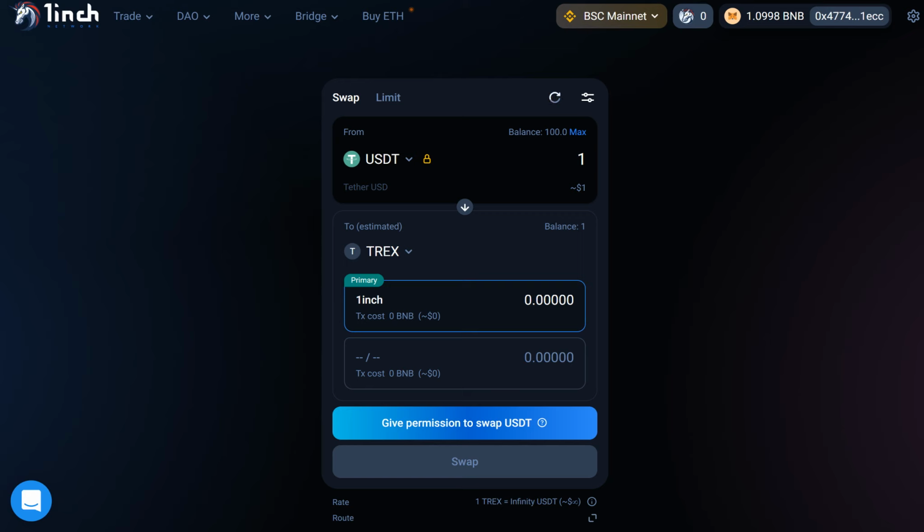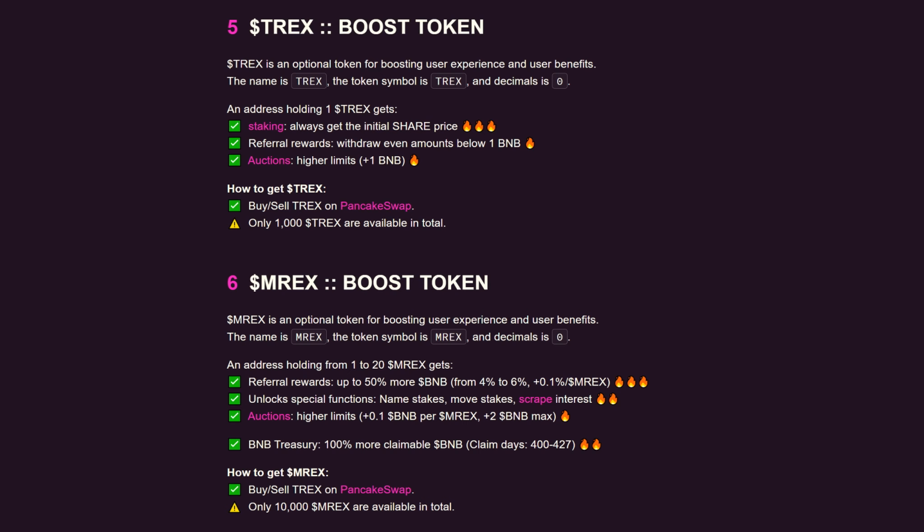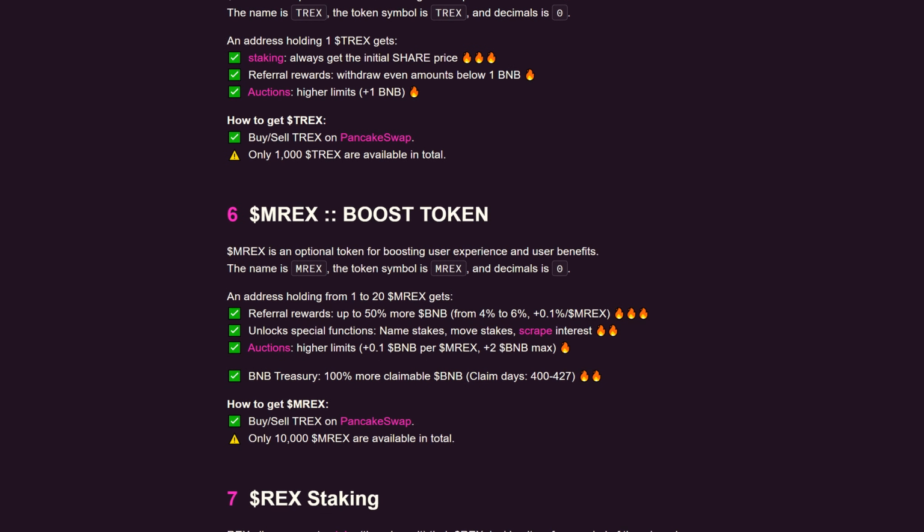Now let's take a look at MREX, which is the second booster for the REX token ecosystem. MREX is an optional token again, and you can hold up to 20 MREX per wallet. Now, what does MREX do? First off, referral rewards. You get up to 50% more BNB, from 4% to 6% at 0.01% per MREX.